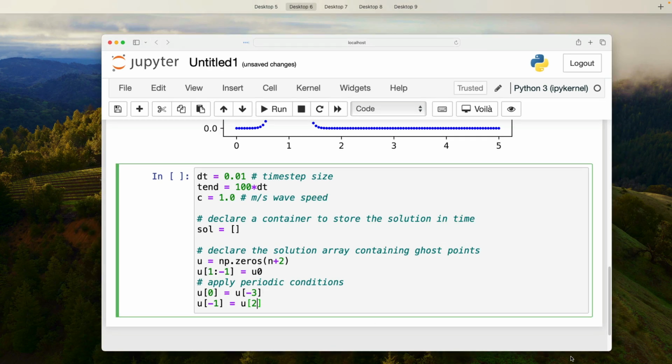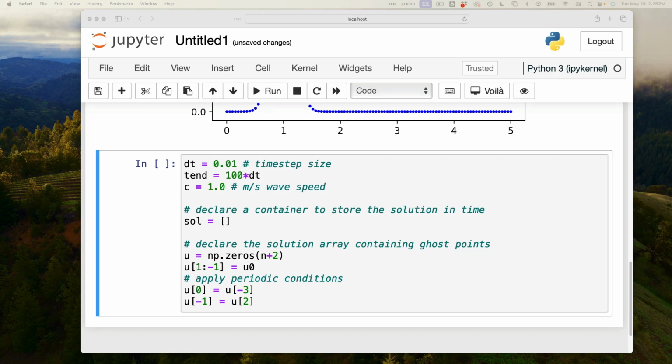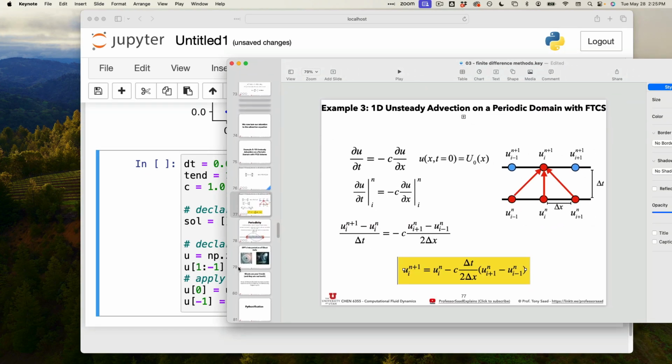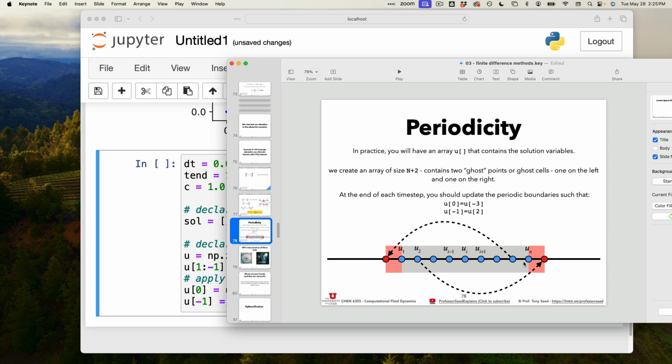Okay, so again, if you look at my slides, hold on 1 second. I'll bring this over here. If you look at my slides here, I'm taking this point. So initially I initialized all the blue points with good numbers, with the initial condition.